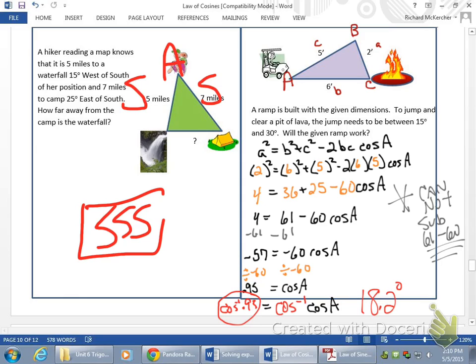And come up with 18.2 degrees. All right. The trickiest situation here. Now, of course, the answer to my question is, will my given ramp work? Yes, my given ramp will work. But the important part here was being able to run through this. The law of cosines, take your time with it. Tonight's problems are very straightforward, but do take your time and be careful with your computations.